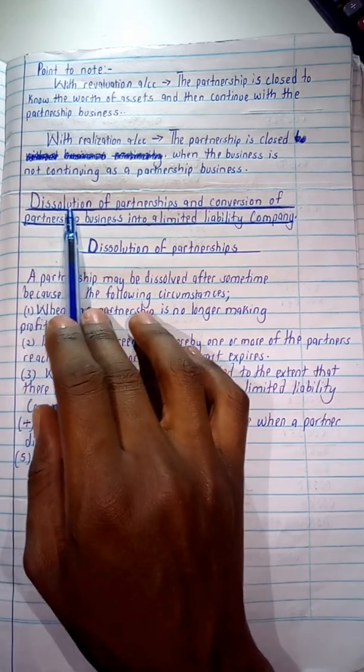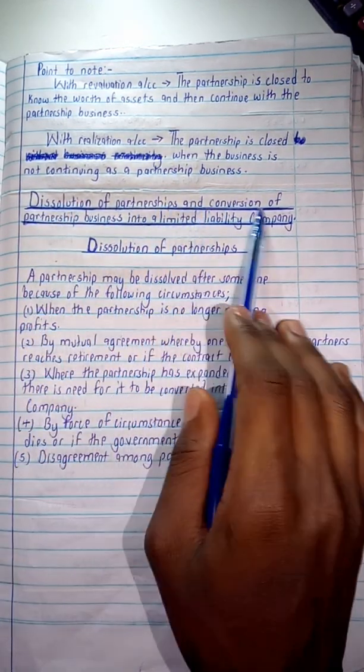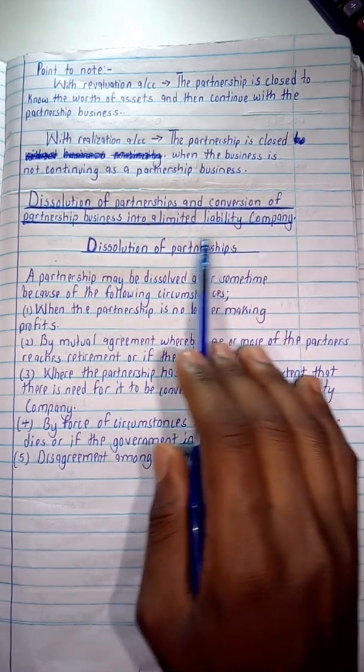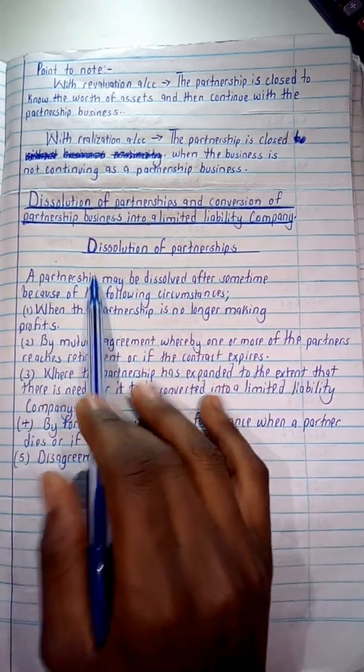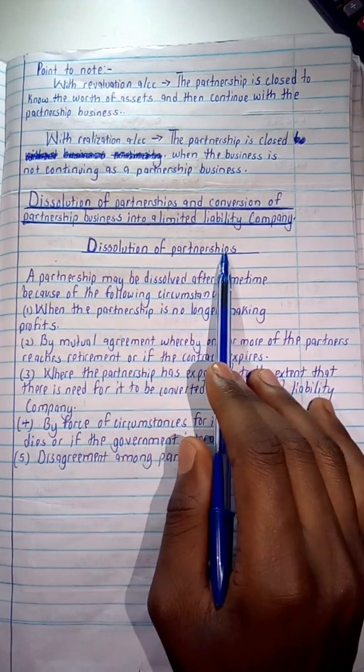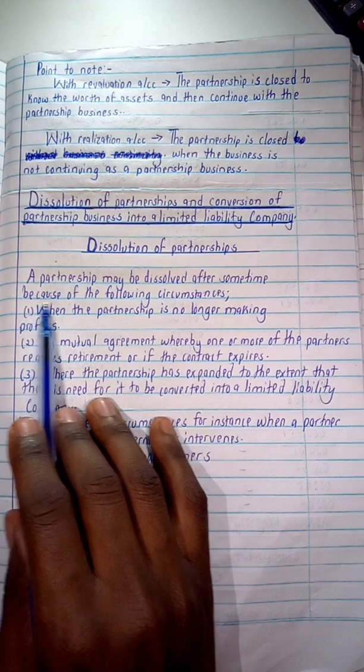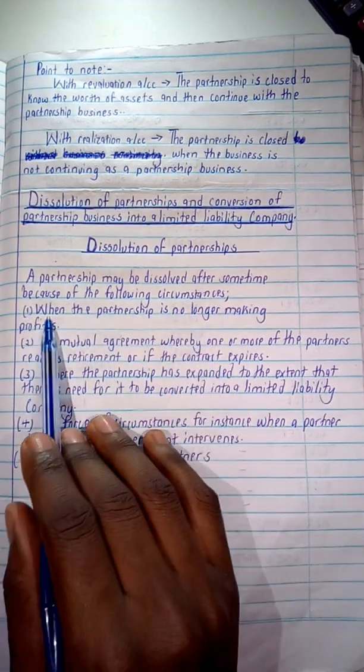So looking at the dissolution of partnership and conversion of partnership business into a limited liability company is what we are going to look at today. And we are going to start off with the dissolution of partnership. A partnership may be dissolved after some time because of the following circumstances.